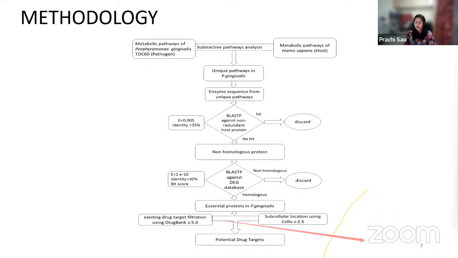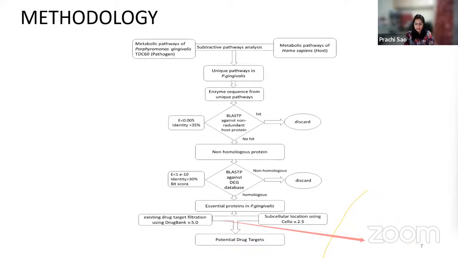And then after we have understood the location of all the proteins, we will see whether these proteins are unique. They should not be used by any other drug, or they should not be in any of the studies. So we will go to DrugBank. DrugBank is a database where a huge amount of information is available about all the existing drug molecules.